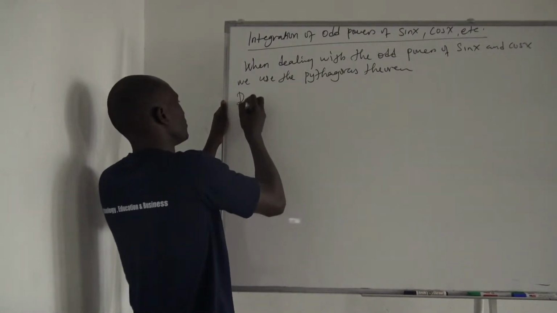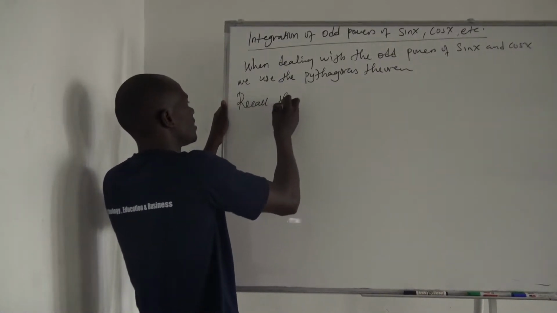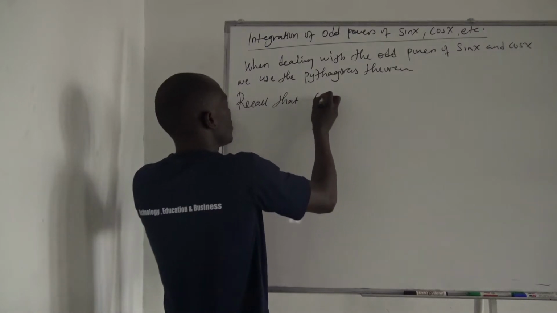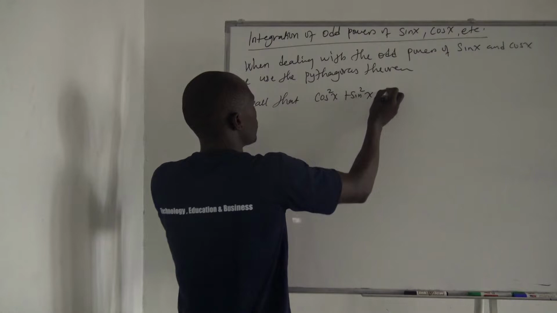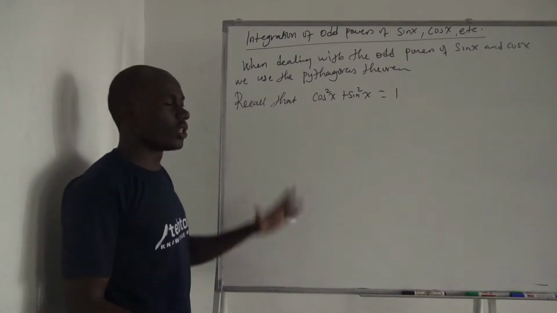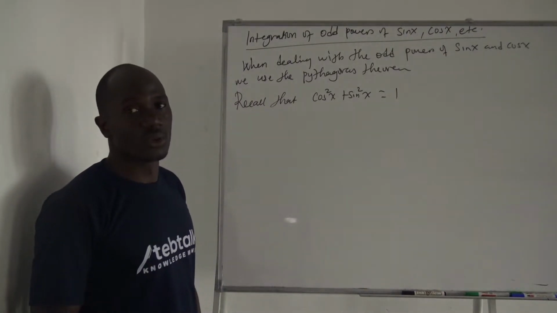Recall that cos squared x plus sine squared x was equal to 1. So remember that first identity from the trigonometry.